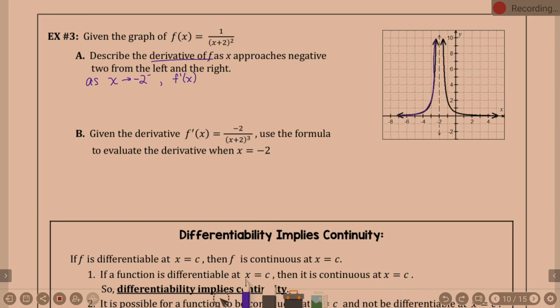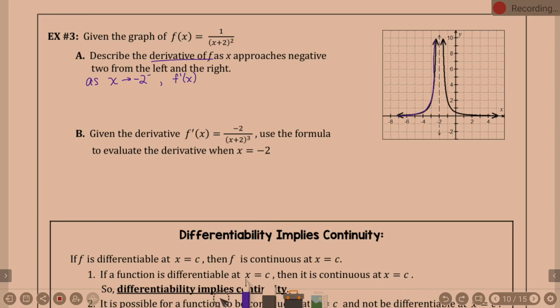Well, first of all, what kind of derivative is this here? Positive. It is positive. And what's happening? The slope of this line is getting steeper. Okay, and steeper is a bigger slope.